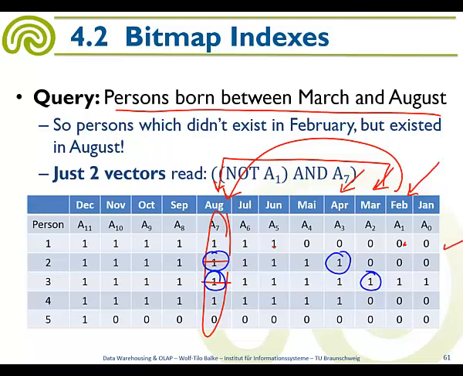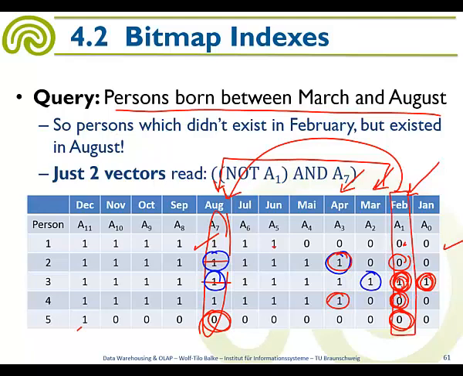He was not born in February, born in June, so this is right. This guy, not born in February, born in April, within the range. This guy was born in February, so this one doesn't work. The leading one here came from January, so the negation gives you 0, so it doesn't work. This guy was not born in February, however, he was born in April. Not born in February, not born at all yet, born later on.